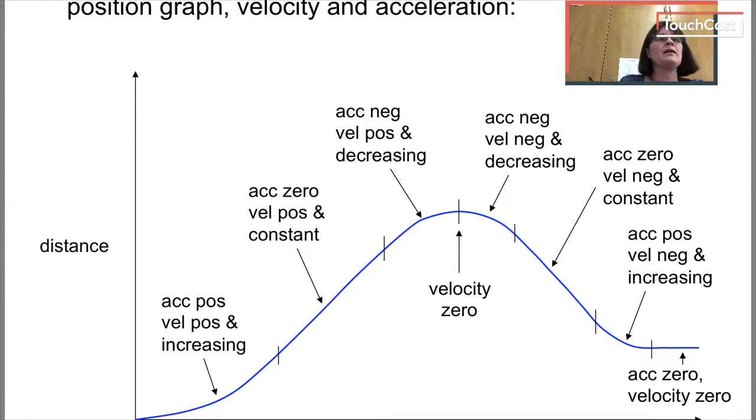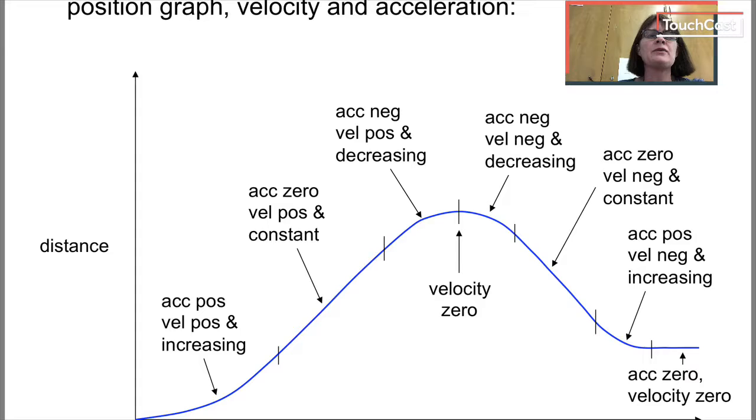All right, so just some things to think about here. We're starting to translate between graphs and a word understanding of what's happening. And now that we know that there's a position function, its derivative is velocity, and the derivative of velocity, or second derivative of position, is called acceleration. So we're going to spend a lot more time on this in chapter 4, but watch what you can see.